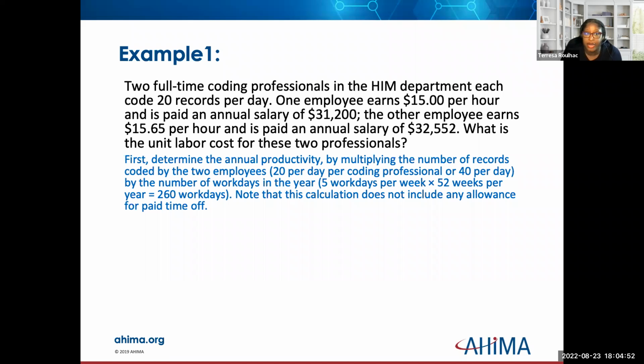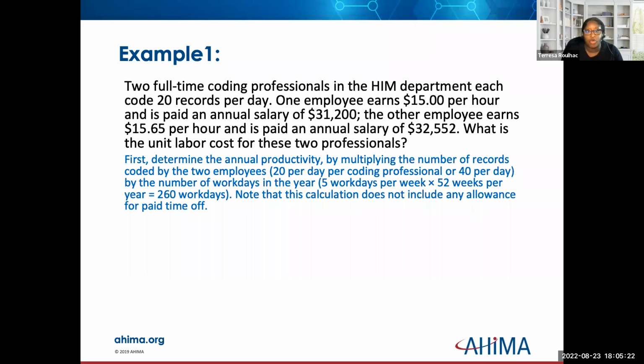Each codes 20 records per day. One employee earns $15 per hour and is paid an annual salary of $31,200. The other employee earns $15.65 per hour and is paid an annual salary of $32,552. What is the unit labor cost for these two professionals?